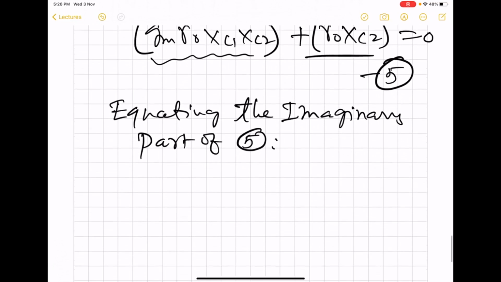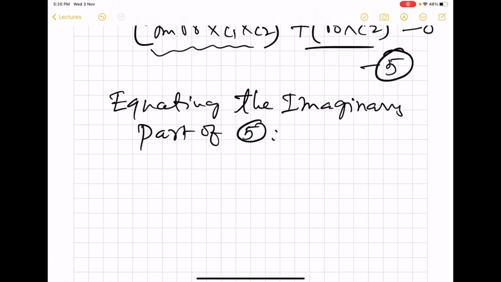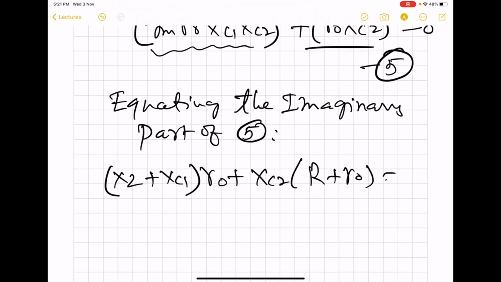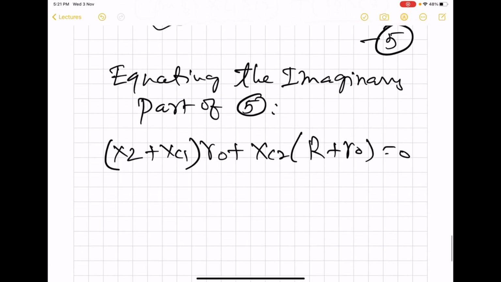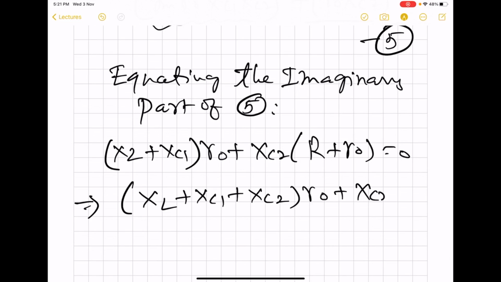So when we equate the imaginary part, what we get is XL plus XC1 R naught plus XC2 R plus R naught is equal to 0. And this one will give rise to XL plus XC1 plus XC2 R0 plus XC2 R is equal to 0.